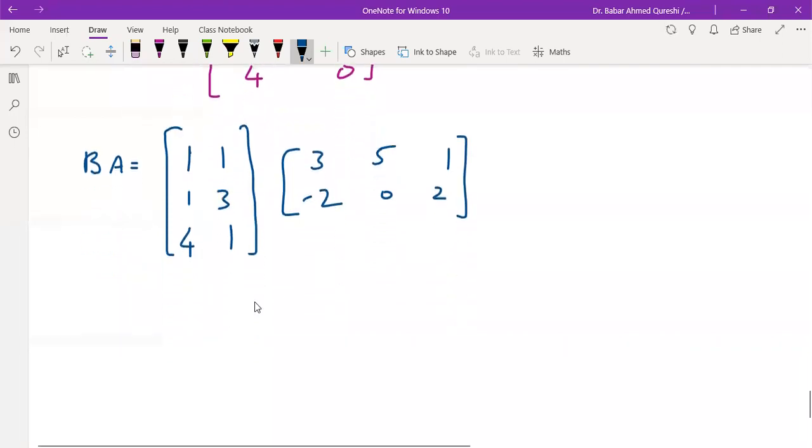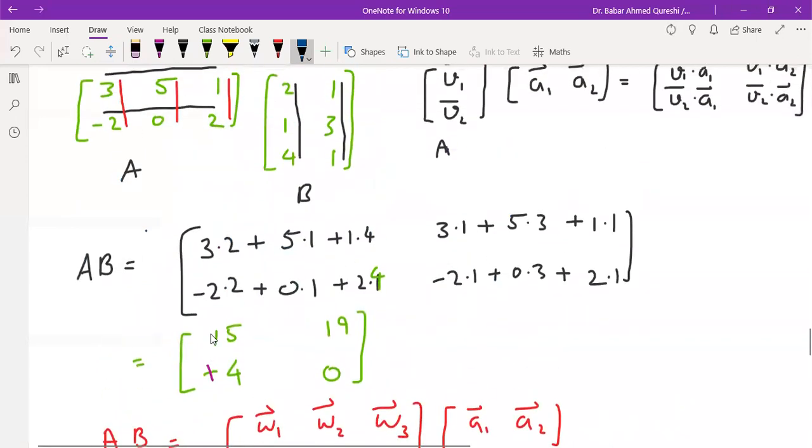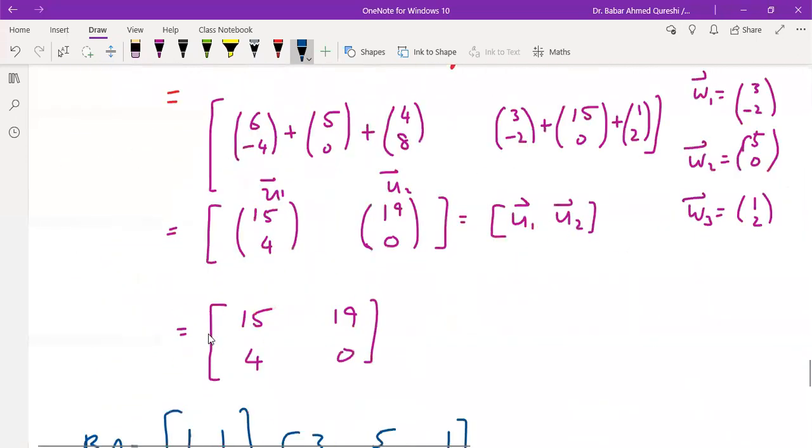So how will I multiply it? If I use the first method, I have these columns in B, which I had been calling A's.